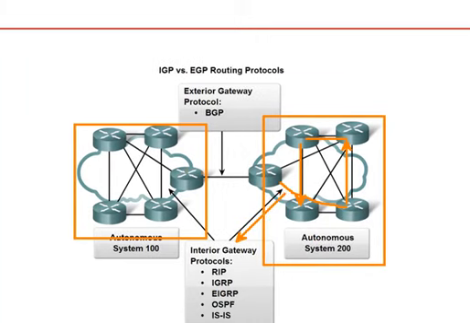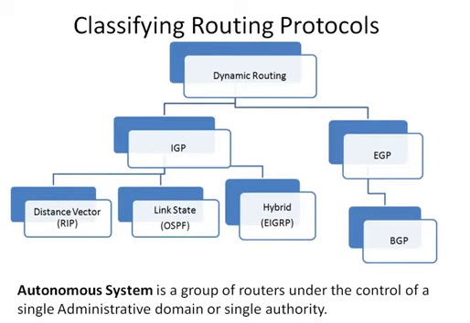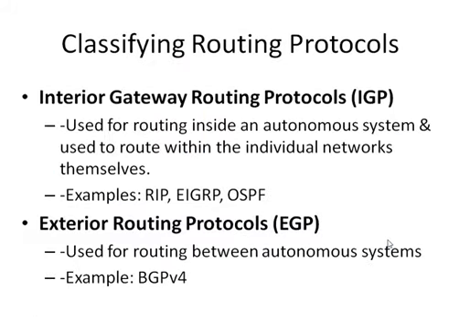And when we have to communicate between different AS numbers, from 100 to 200, that is known as the exterior gateway protocol, and an example for that is BGP. IGP is again divided into three parts: distance vector, link state and hybrid protocol. An example of EGP is BGP, border gateway protocol.